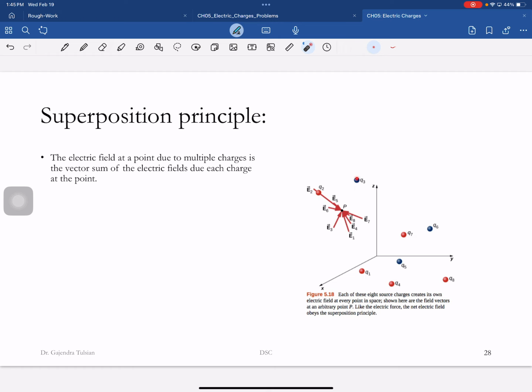With this many charges, to find the electric field at that point, you had to sum 8 vectors. To calculate the electric field here, you had to sum 8 more vectors. At every point, you had to sum a whole bunch of vectors.